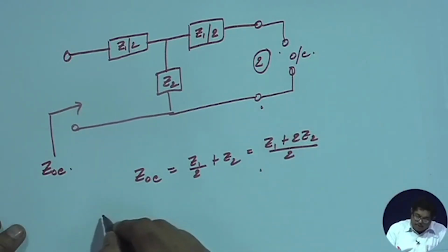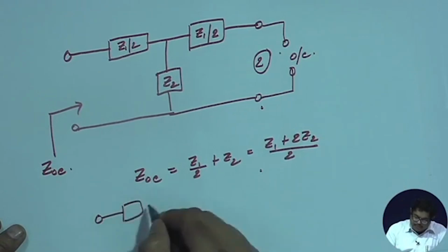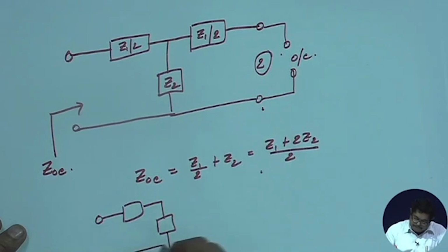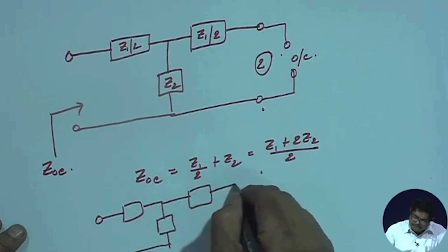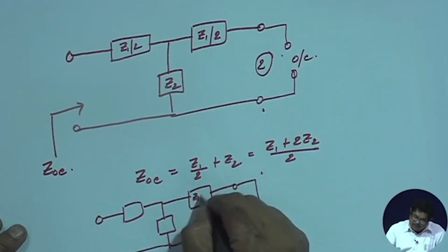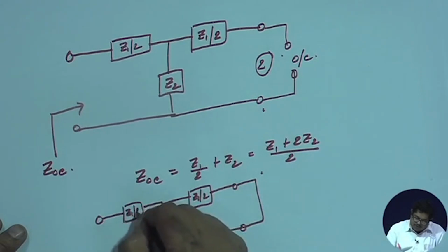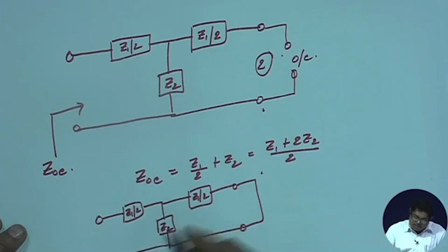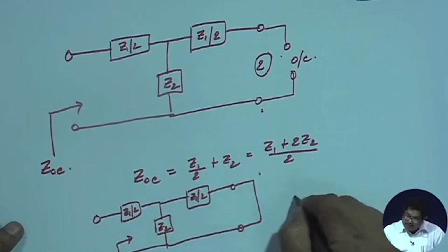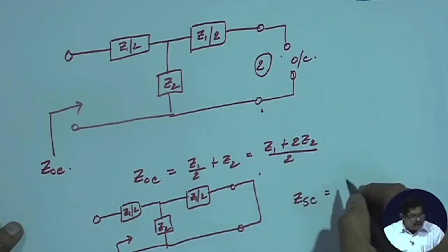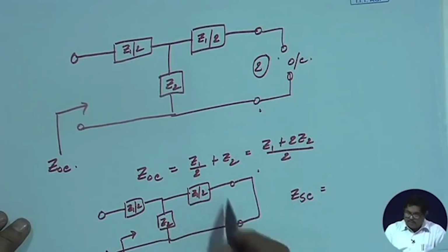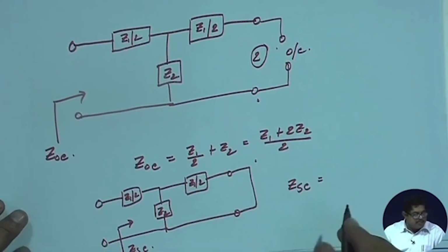Now, I put that port 2 is shorted. This is Z1 by 2, Z1 by 2, Z2, and this is ZSC. So, what is ZSC? You can easily see it is Z1 by 2 plus the parallel of Z2 and Z1 by 2.